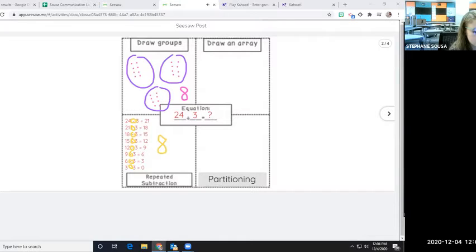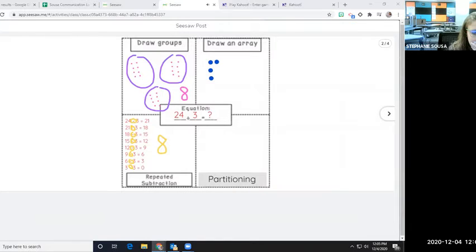When we're looking at drawing with arrays, we put our objects into rows and columns. 24 divided by 3 tells me that I should create 3 rows. 1, 2, 3. And I'm going to place one additional item in each row until I get to 24.